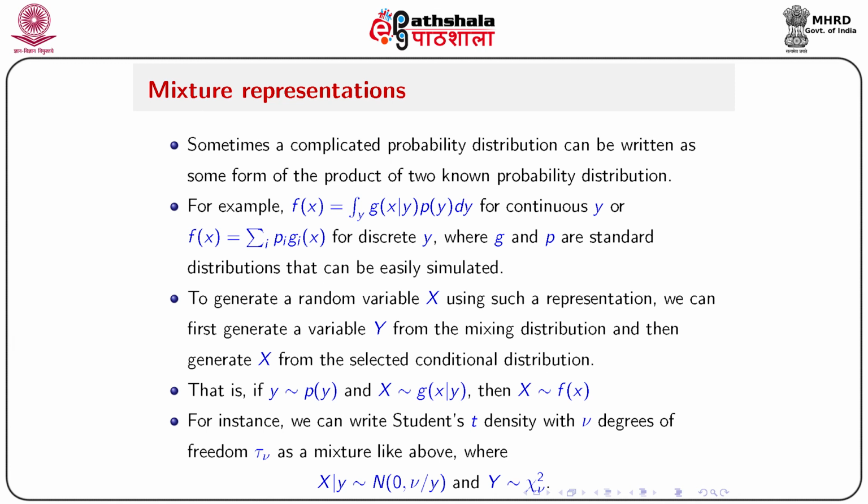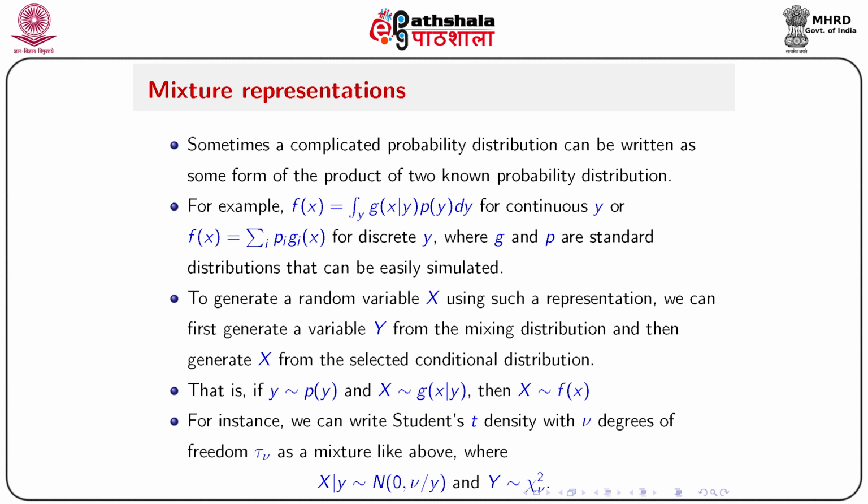So next we'll move to a mixture representation. Sometimes a complicated probability distribution can be written as some form of the product of two known probability distributions. For example, we can write f(x) equals the integral over y of g(x given y) times p(y) dy for continuous y, or f(x) equals the sum over i of p_i g_i(x) for discrete y, where g and p are standard distributions that can be easily simulated.